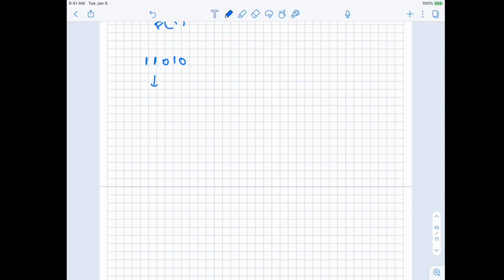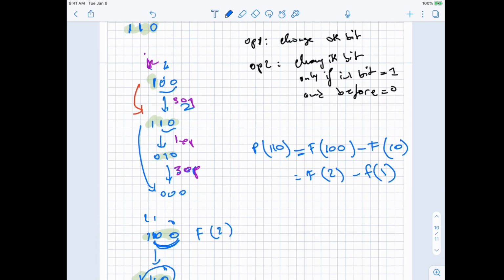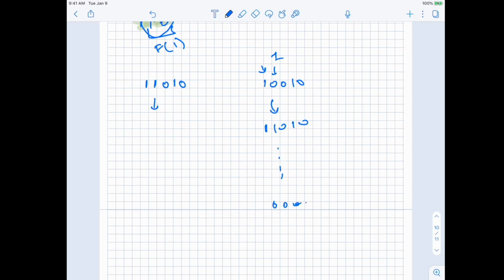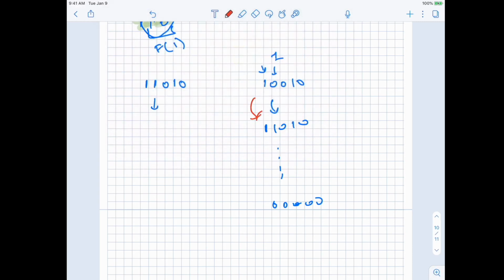Well, first we know that when we have 1 0 0 1 0 like this, to be able to set this one to 0, we convert this one to 1. So we need to convert this one to 1 and then do all the operations to get to 0.